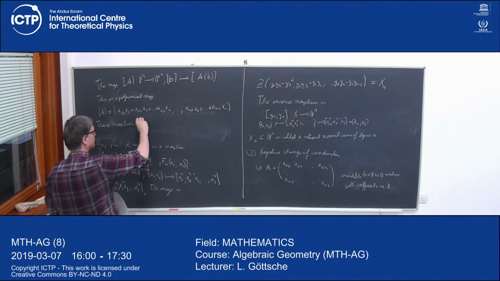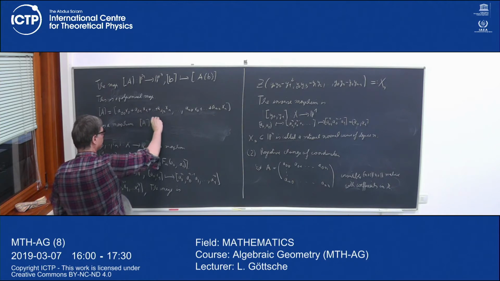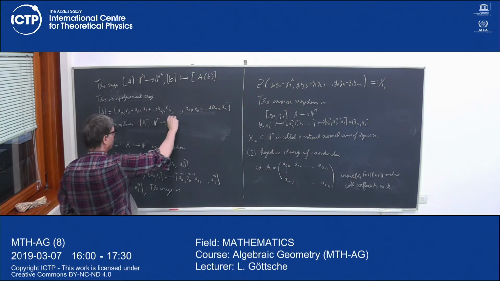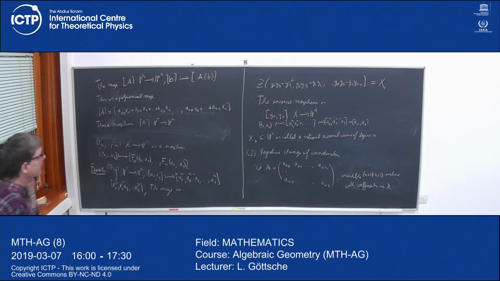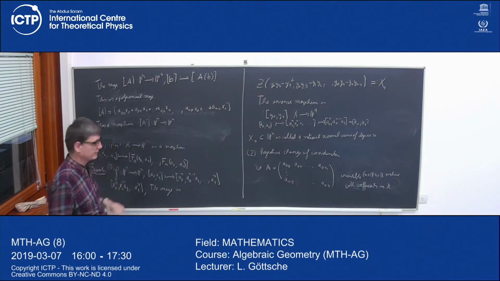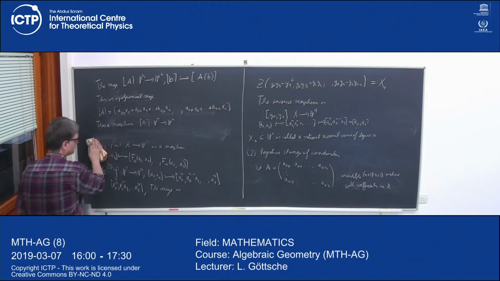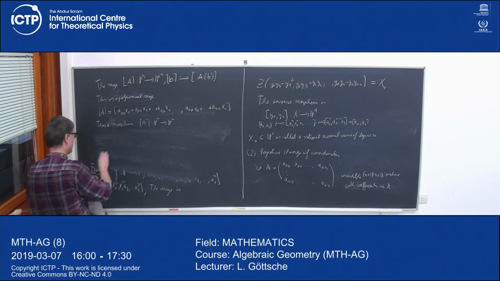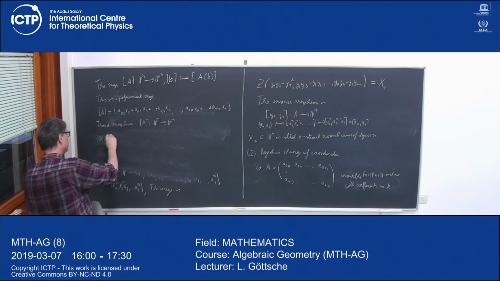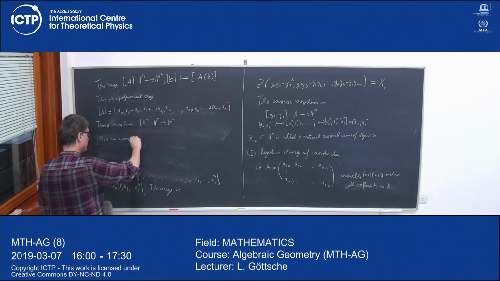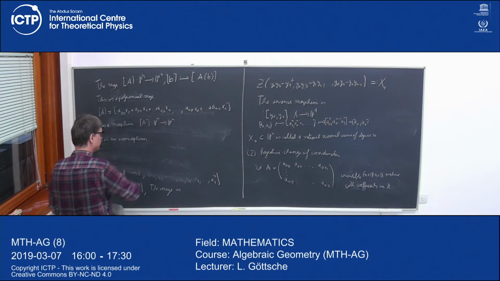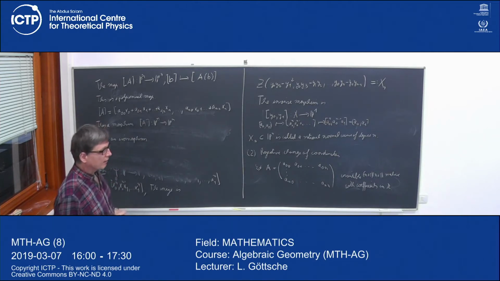From Pn to itself, and also clearly it is an isomorphism because its inverse is given by the inverse matrix. We didn't assume that it is invertible.